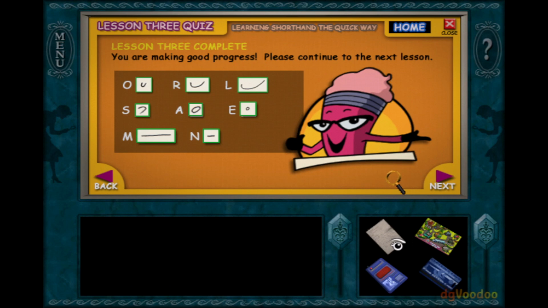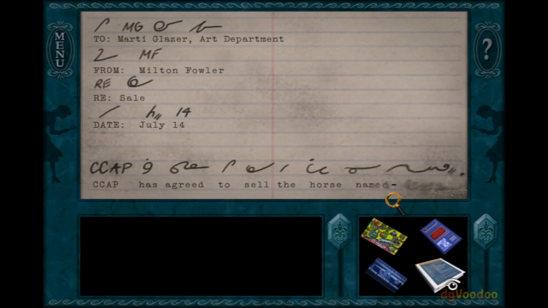Lesson 3 is done. Please continue to the next lesson. Right, so N is a really short one. Now that we have all of these here, I'm just going to take another little look. So this could be L totally.